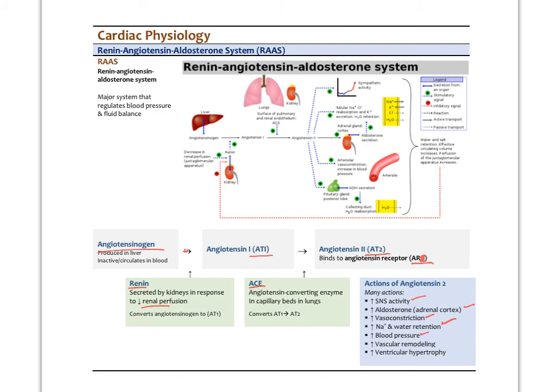It unfortunately causes remodeling of your vasculature, so it can cause more fibrosis and constriction on your vasculature. And it also causes the left ventricle of the heart to enlarge, and that can cause left ventricular hypertrophy. And over time, that can cause a breakdown of the Frank-Starling mechanism, so the ventricle functions less efficiently, and we can start going into heart failure.